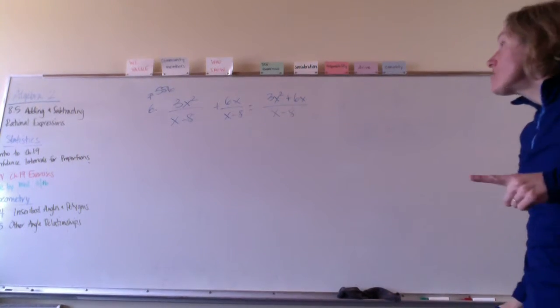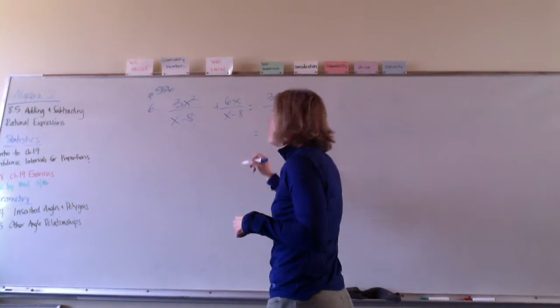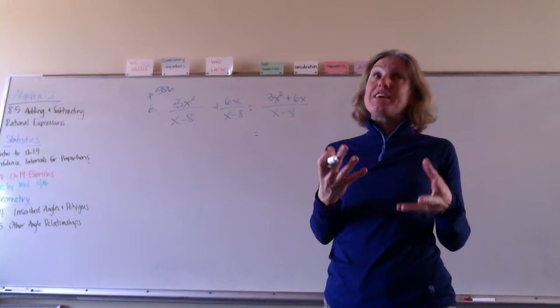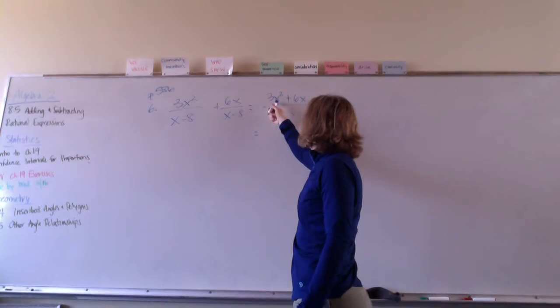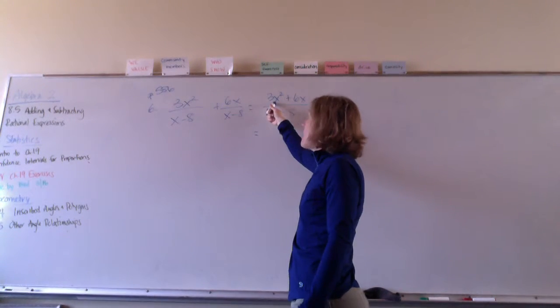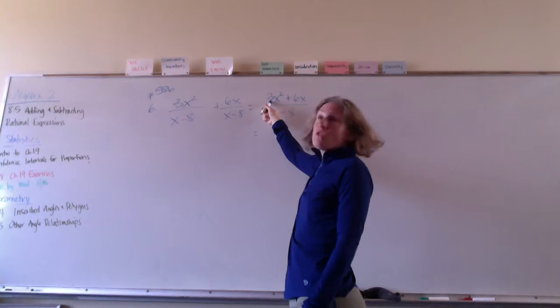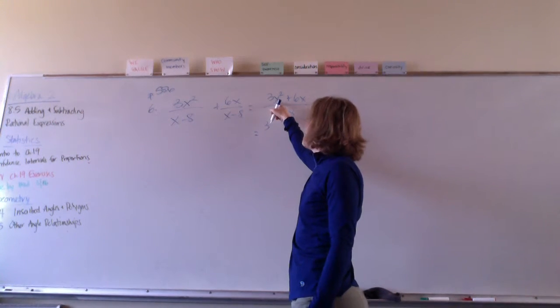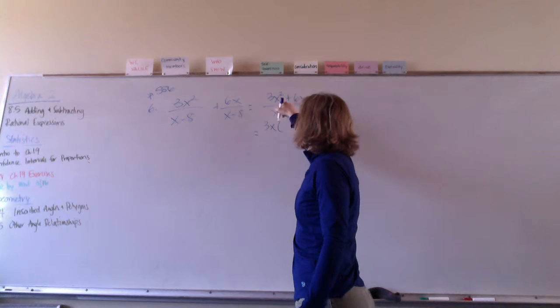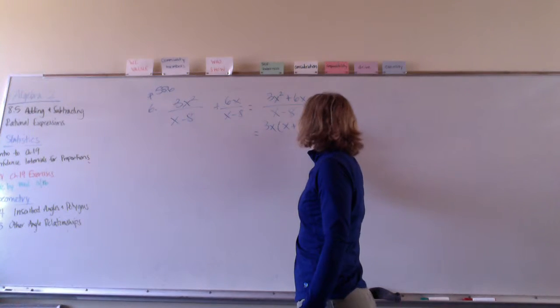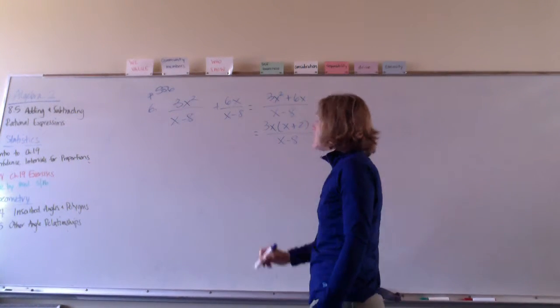I am going to caution you to factor the numerator just in case something can factor out. So what common factor do these guys have? 3, and they both have an x. So if I factor that out, I'd get x plus 2 on the top, right?